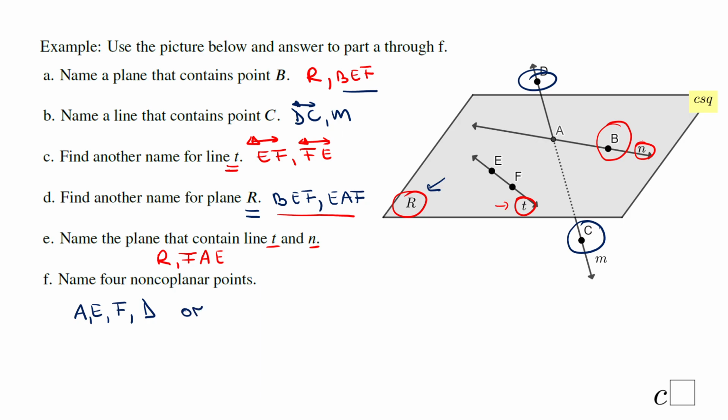I'll give you one more just to be sure. I will start with C, which is below the plane, the way we see it. C, B is on plane R, A, and let's say F. We have 2 examples of 4 non-coplanar points.